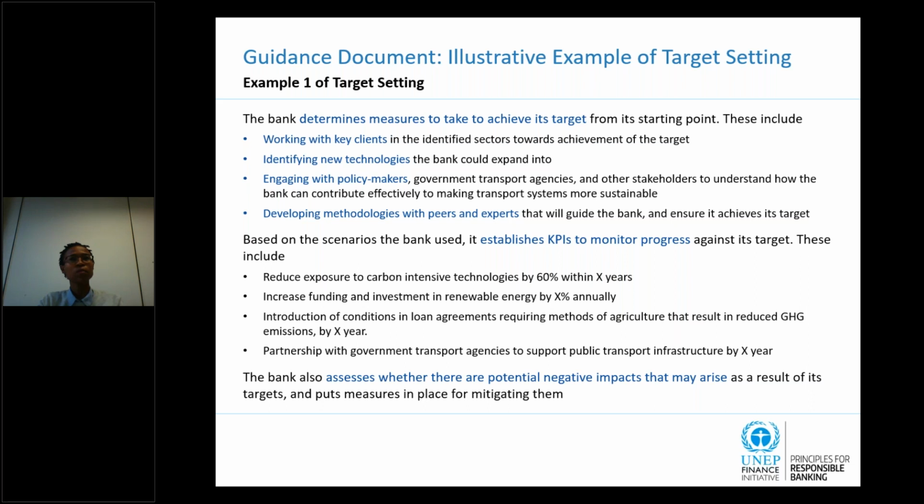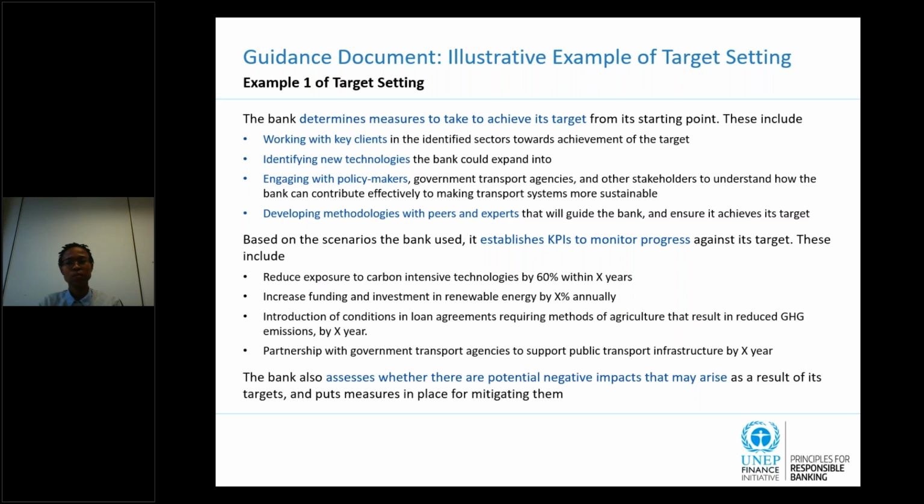Now, these measures may include working with key clients in the identified sectors towards achievement of the target, identifying new technologies the bank could expand into, engaging with policymakers, government transport agencies, and other stakeholders to understand how the bank can contribute effectively to making transport systems more sustainable. And last, developing methodologies with peers and experts that will guide the bank and ensure it achieves its target.